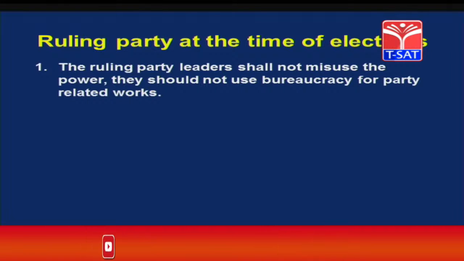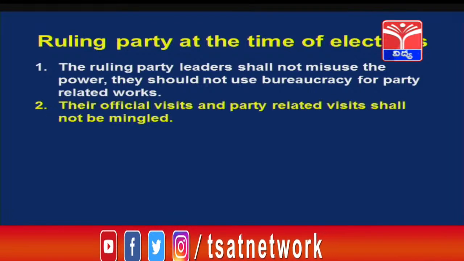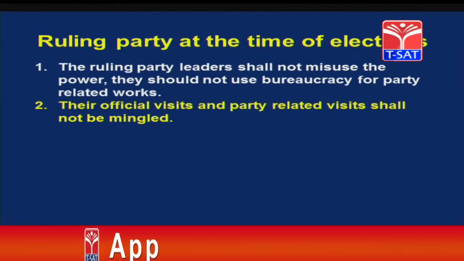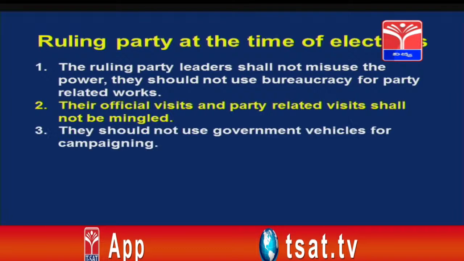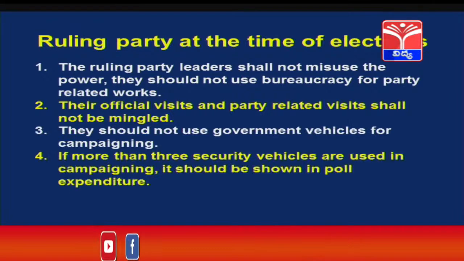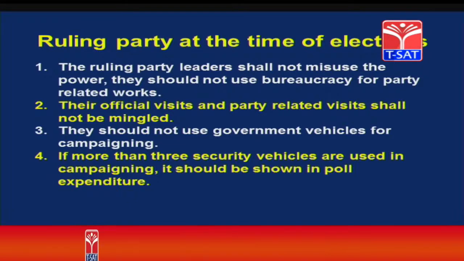That means they should not use bureaucracy, meaning government officials, for party related works, and their official visits and party related visits shall not be mingled. They should be separate, and they should not use government vehicles for campaigning, and if more than 3 security vehicles are used in campaigning, it should be shown in poll expenditure.